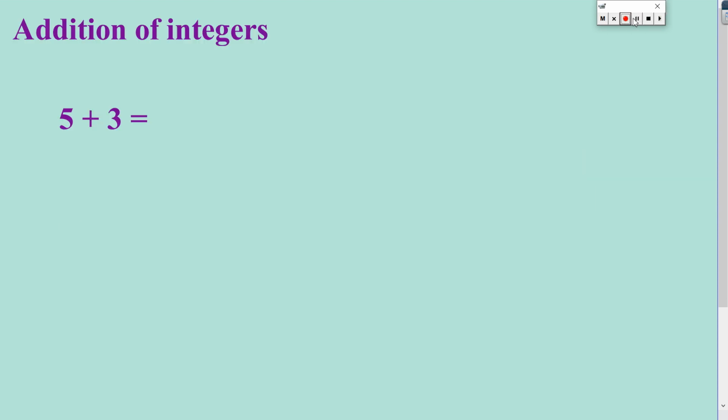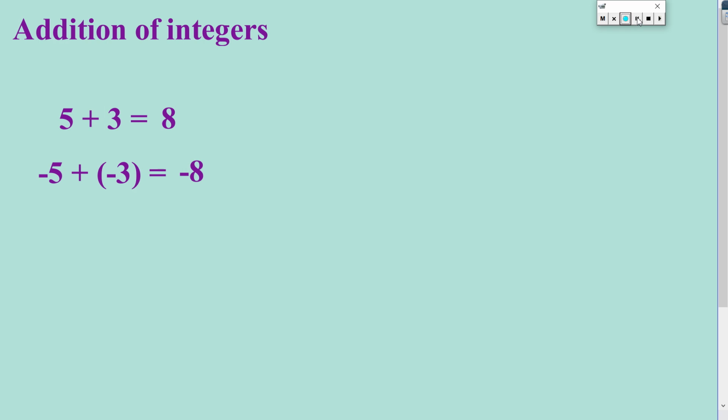Do you remember how to add two integers? What is 5 plus 3? Yes, you are getting 8. Now what is negative 5 plus negative 3? You will get negative 8 as the answer. So how do you add two integers?